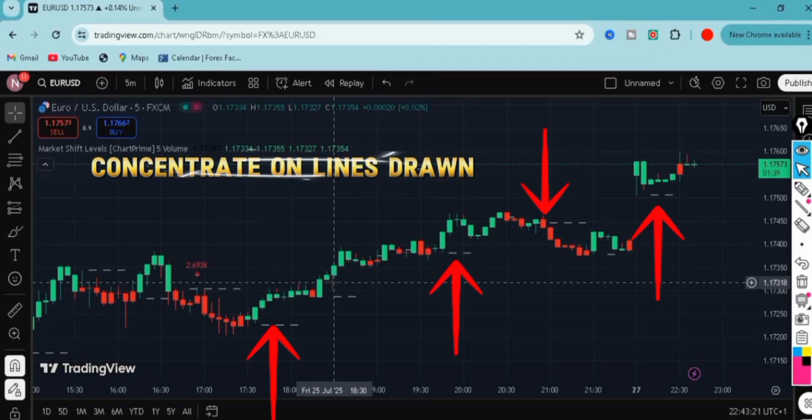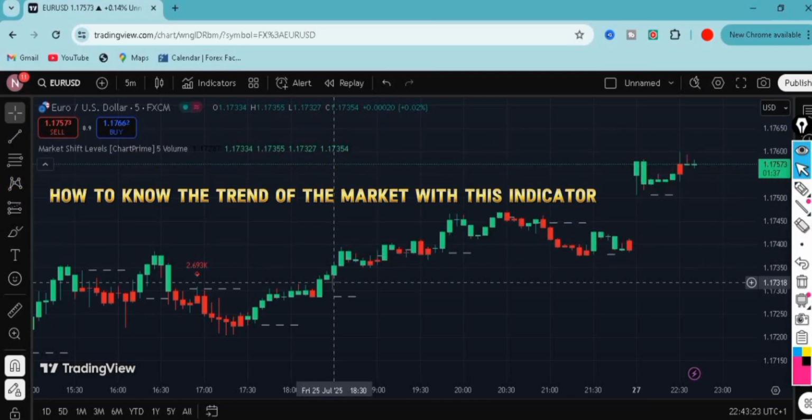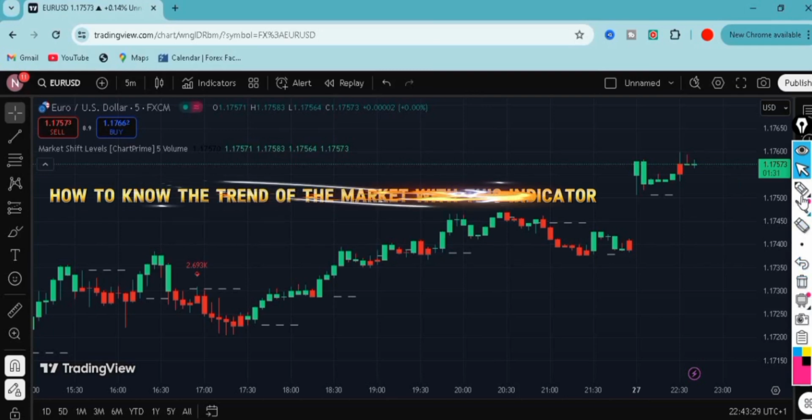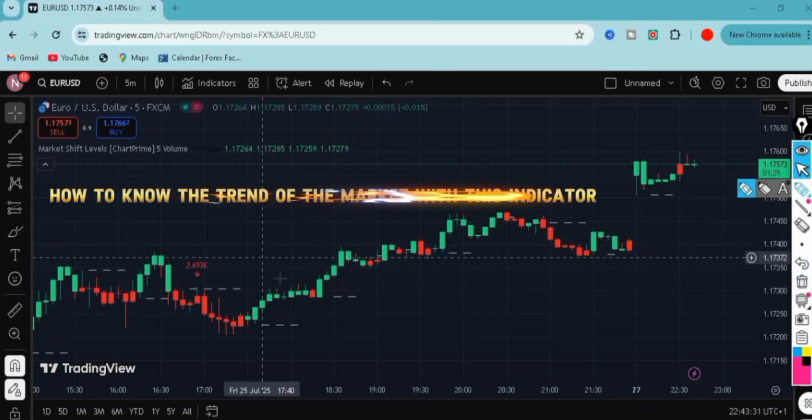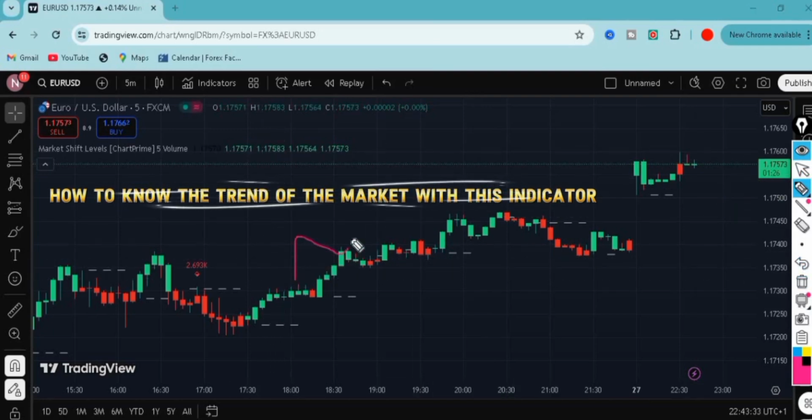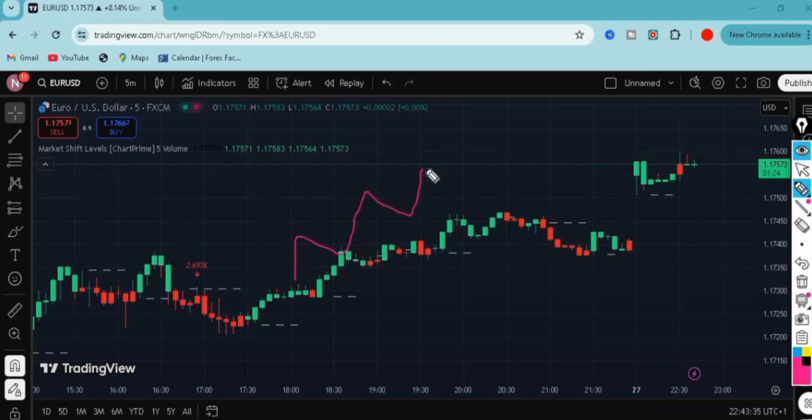Okay, therefore guys, number one, I want to show you how you can know the trend of the market using this indicator. Okay, and therefore guys, with this very simple illustration, I would love to do this real quick so that you guys can understand what I really mean.